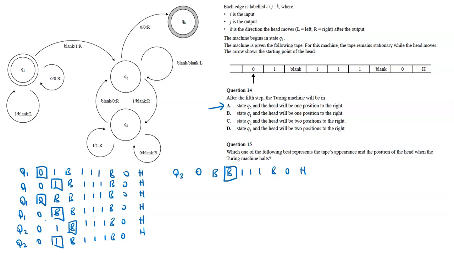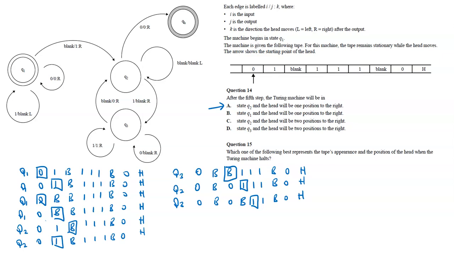If we're in Q3, we see a blank, we turn it into a 0. We move to the right, and we go back to Q2. In Q2, if we see a 1, we make it blank. We move to the right, and we transition to Q3. So 0, B, 0, 1, B, 0, H.